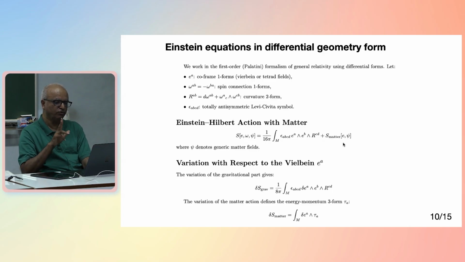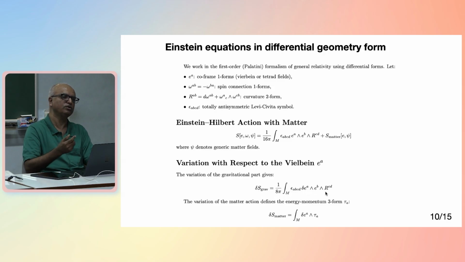So you have to do two variations. Variations with respect to the co-frame field and variations with respect to the connection, spin connection or connection 1 form. Variation of the gravitational part gives me this, delta E^A, delta E^B. Now there is a variation also on the curvature 2 form.